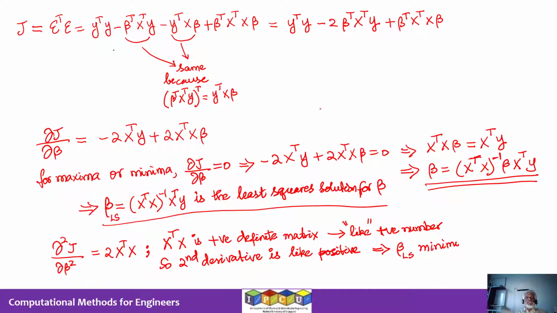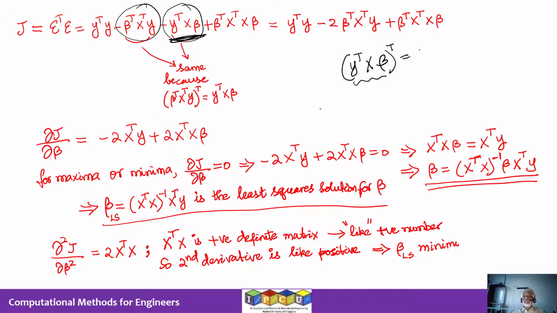So j is this, as we wrote in the previous slide, and I've said here that this and this are exactly the same. Why? Because each of them is a scalar quantity, and we said transpose of a scalar is the scalar itself. So if I take y transpose x beta, which is this term, let's say I transpose it. So this is a scalar quantity, and transpose of it should be the same.